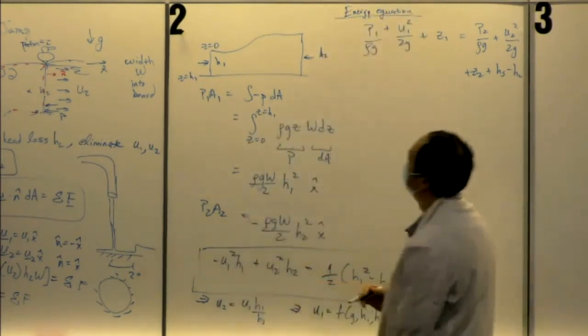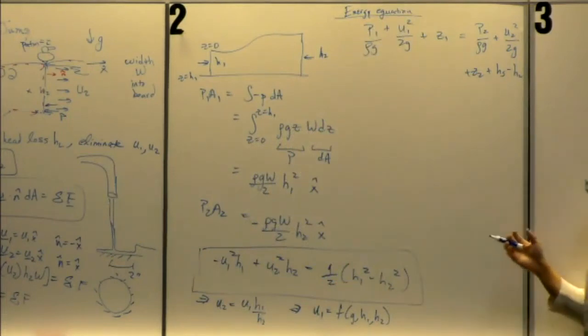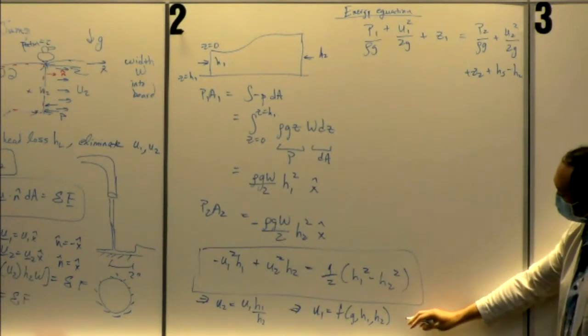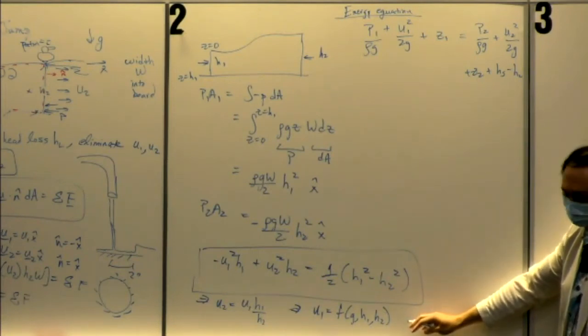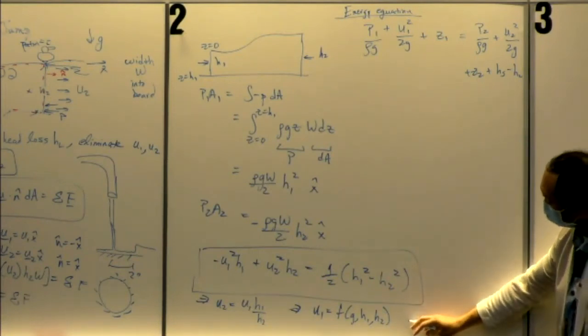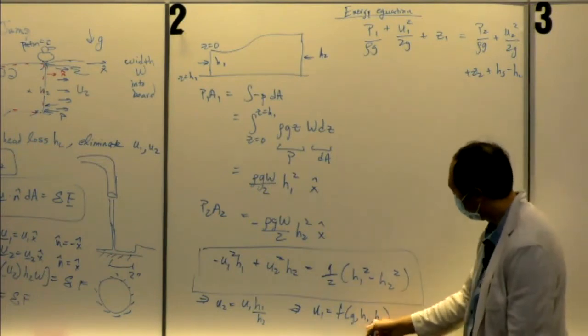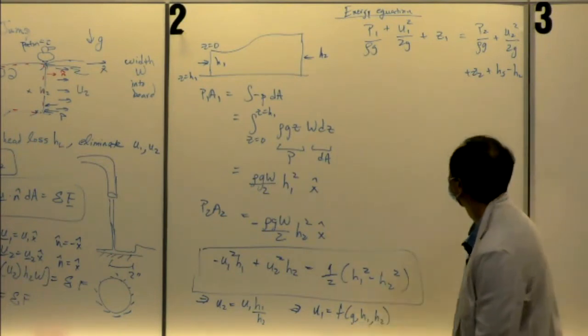So the progress we've made so far is we've got an equation for just the first velocity. Or you can only get the second velocity. It doesn't really matter. You can always convert between the two, simply as a function of the h's and g's.